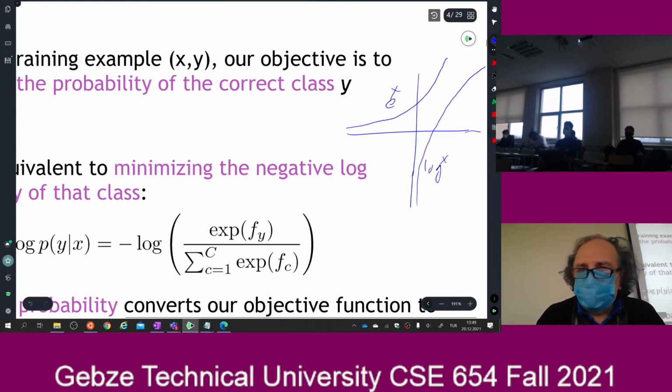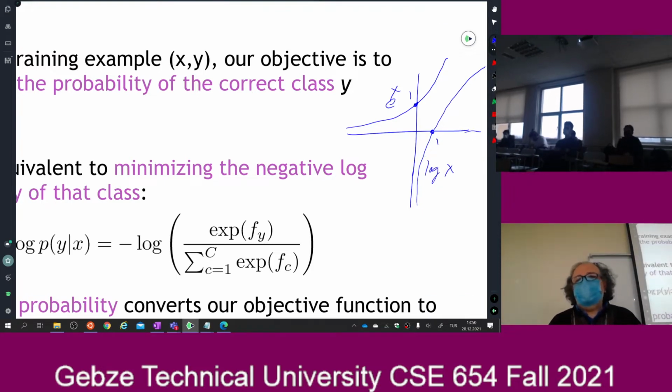So tell me again, what is this? This is 1 again, and this is 1. Log, this is not log to the power x, sorry, log x. Or maybe ln x. When I say log, it is ln, just the opposite of it.